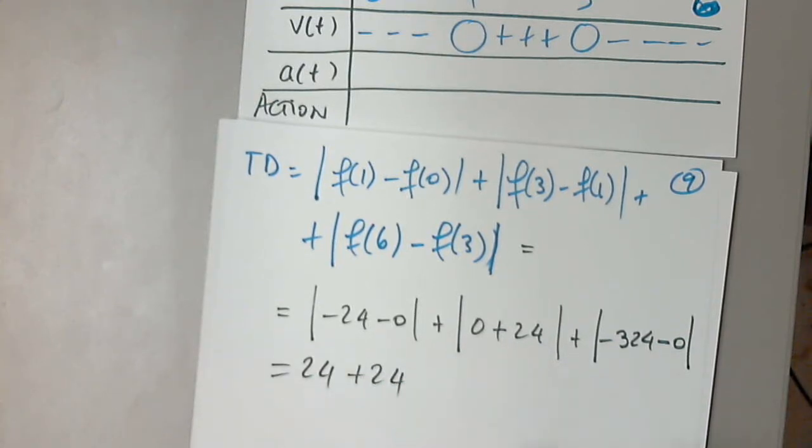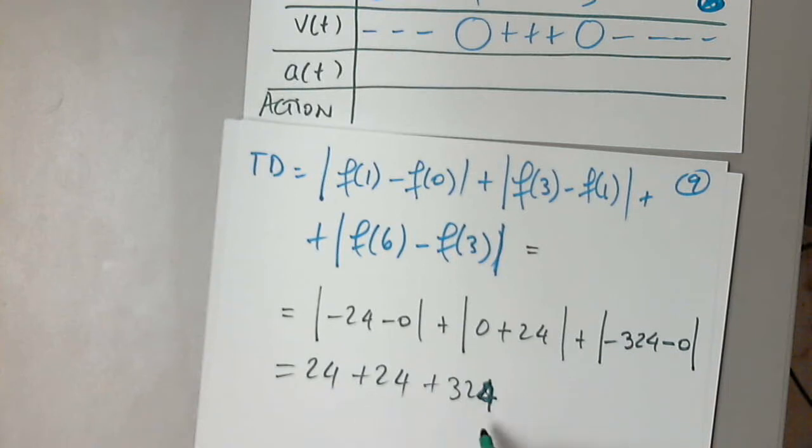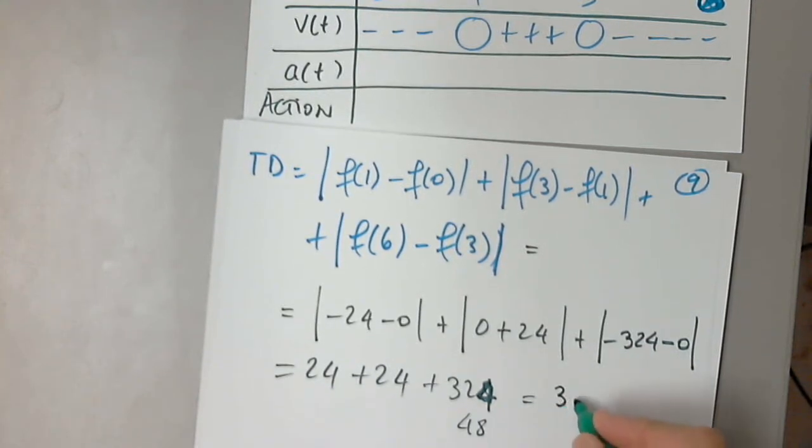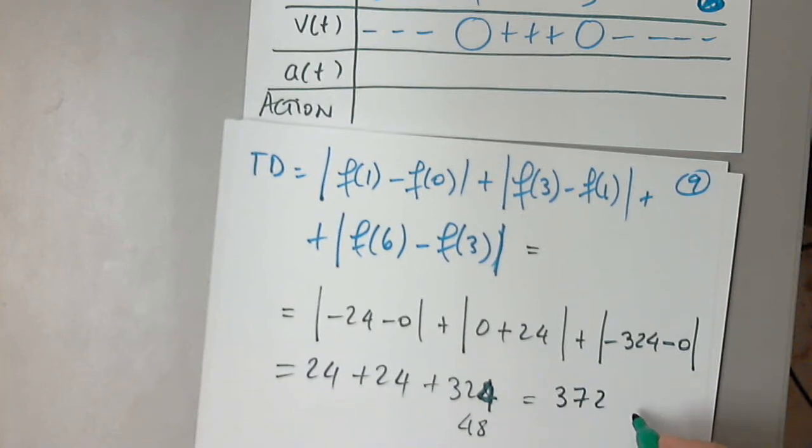This is 24. And this is 324. So 324 plus 48, I got 372. And the measurement unit, please don't forget meters. So the particle covered 372 meters in the first 6 seconds.